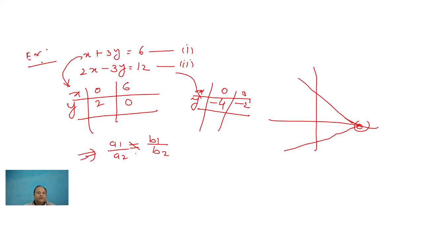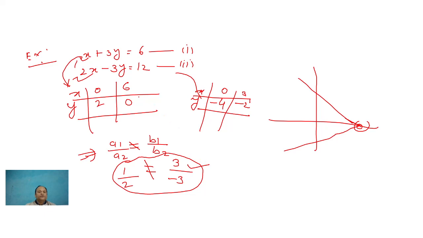So a1 is 1, a2 is 2, b1 is 1 and b2 is equal to minus 3. So you can easily conclude that a1 upon a2 is not equal to b1 upon b2. It means our pair of equations is consistent, and the solution will be unique.